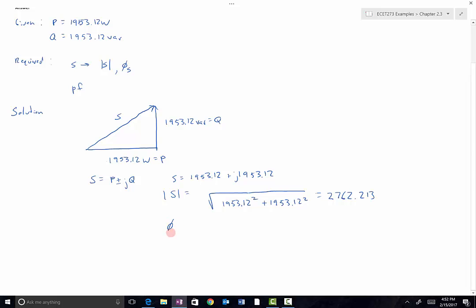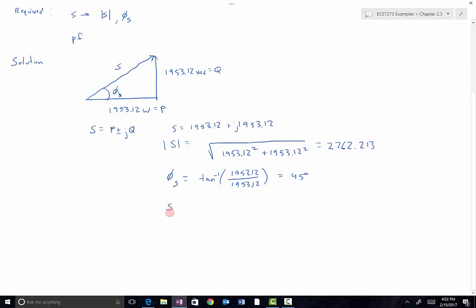And then the angle, this angle right here, phi sub S, is going to be equal to the inverse tangent of 1953.12 over 1953.12. So the inverse tangent of 1 equals 45 degrees.